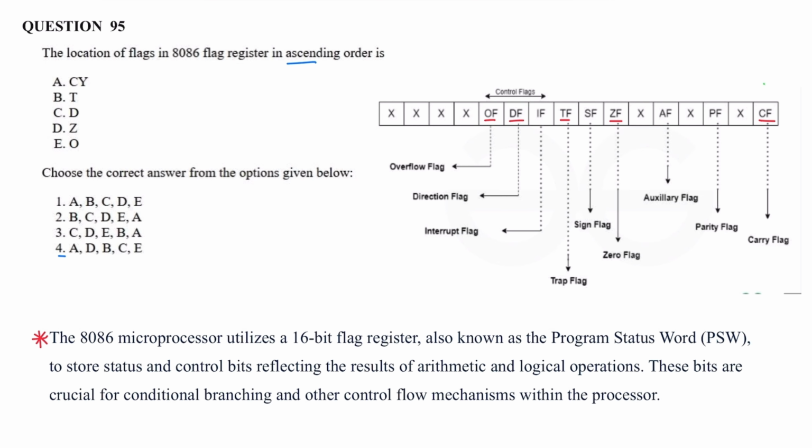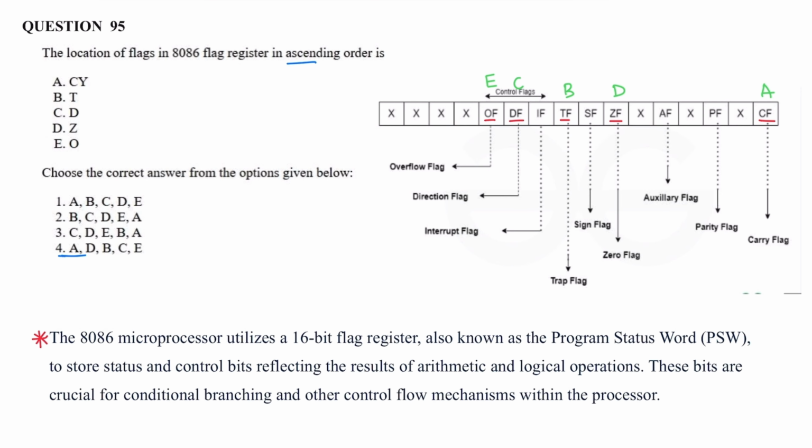Carry flag is A, zero flag is D, trap flag is B, direction flag is C, and overflow flag is E. Correct sequence is A, D, B, C, E. Correct answer is option 4.